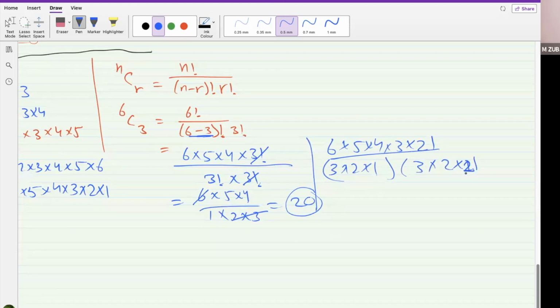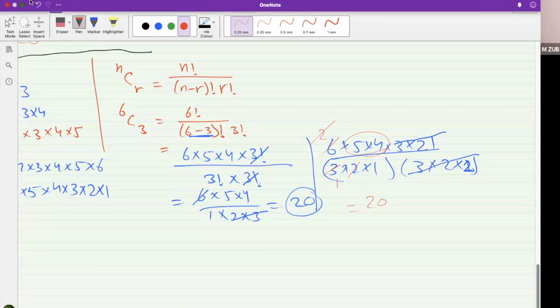So we just saved our time by not expanding 3 factorial and 3 factorial. The final result is the same. This is 3 over 3 one time, 2 over 2 one time, and you're left with 5 times 4, which is 20. You can do it either way, whichever you feel comfortable.